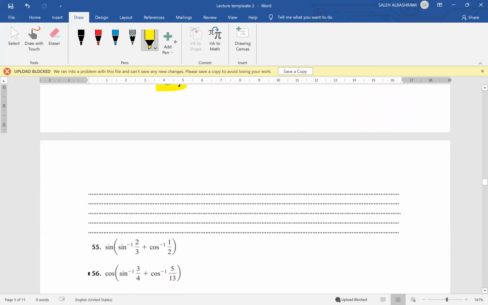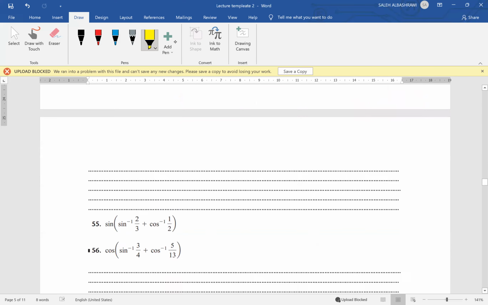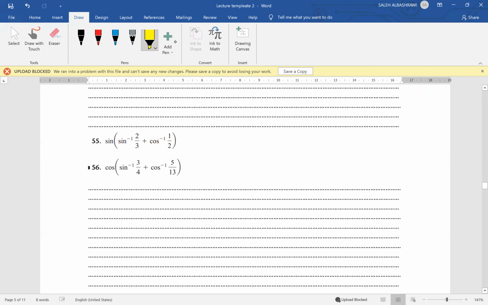See question number 55. We need to find sine of sine inverse 2 over 3 plus cosine inverse 1 over 2. So for question number 55, let sine inverse 2 over 3 equal theta.